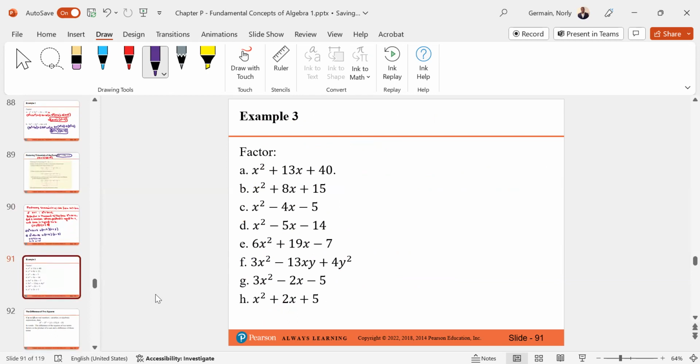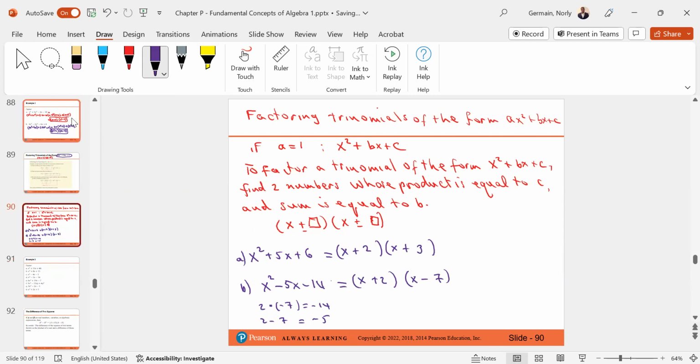We have a long list of trinomials we're going to do. I believe we need to go over a few examples also. I'm going to copy and paste and just explain.